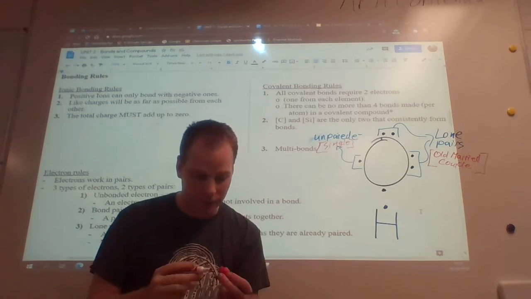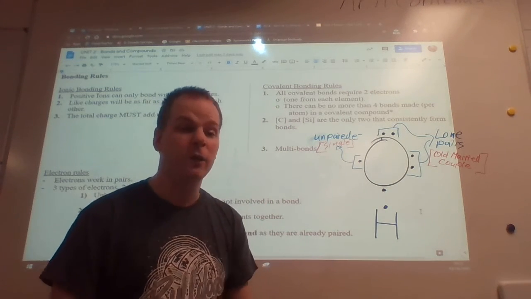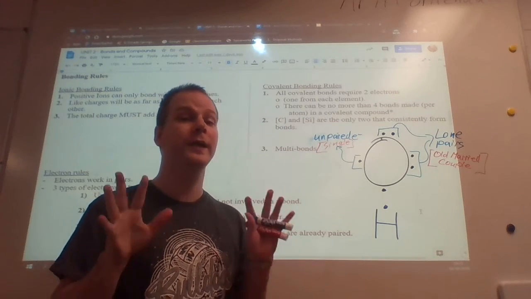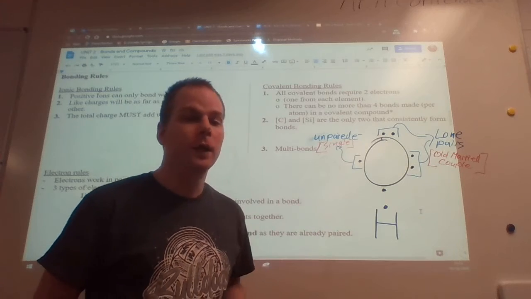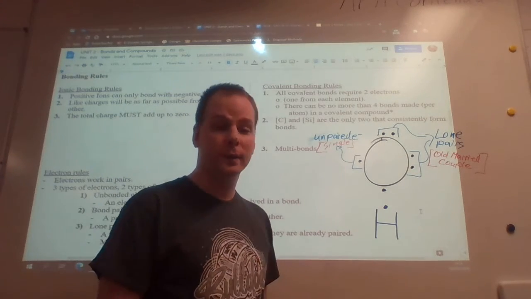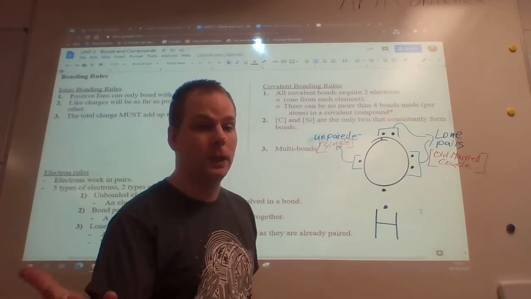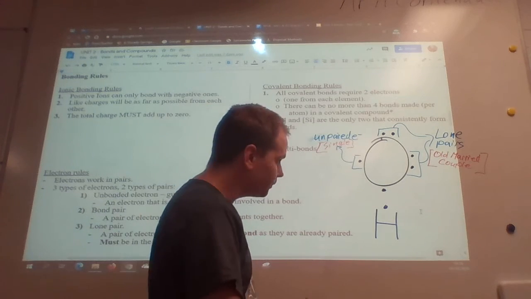These are electrons that haven't found a partner, and they're very, very upset about it. They really want to find somebody. This is one of the other things that can cause bonding. Atoms want a full outer shell, electrons want to be paired up.